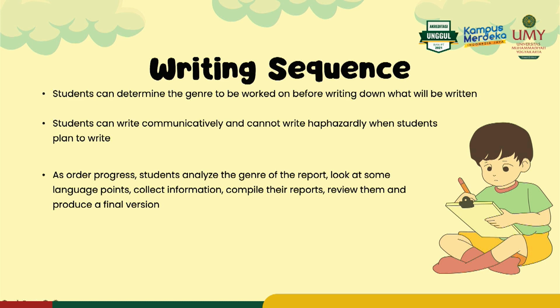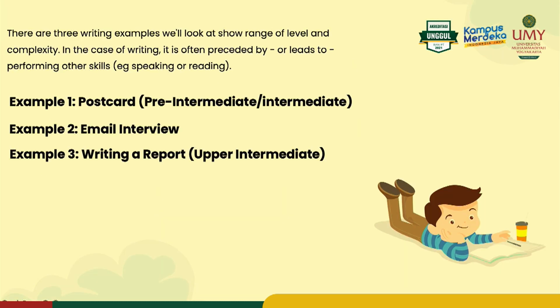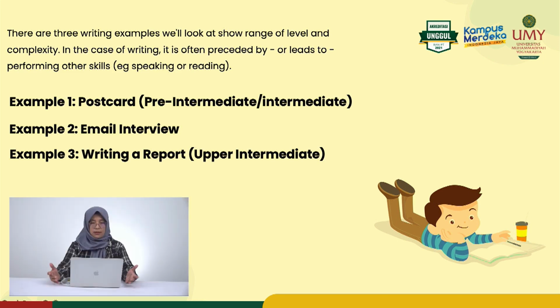And finally, as the work progresses, students analyze the genre of the report, look at some language points, collect information, compile their report, review them, and produce a final version. So the writing sequence should start with the genre choice or theme choice, and then develop the ideas, and then finally revising the draft.